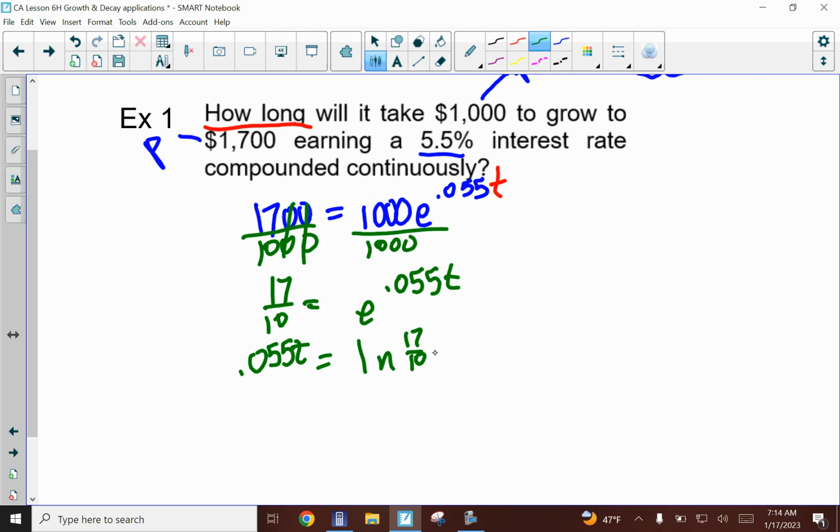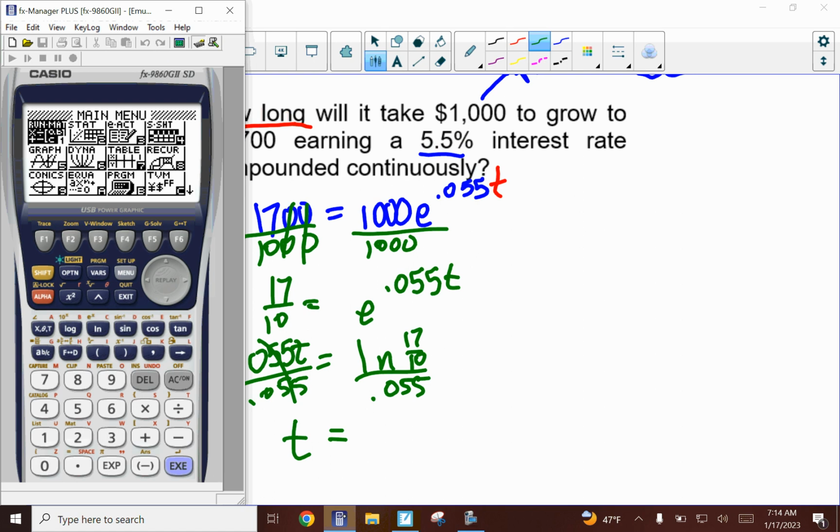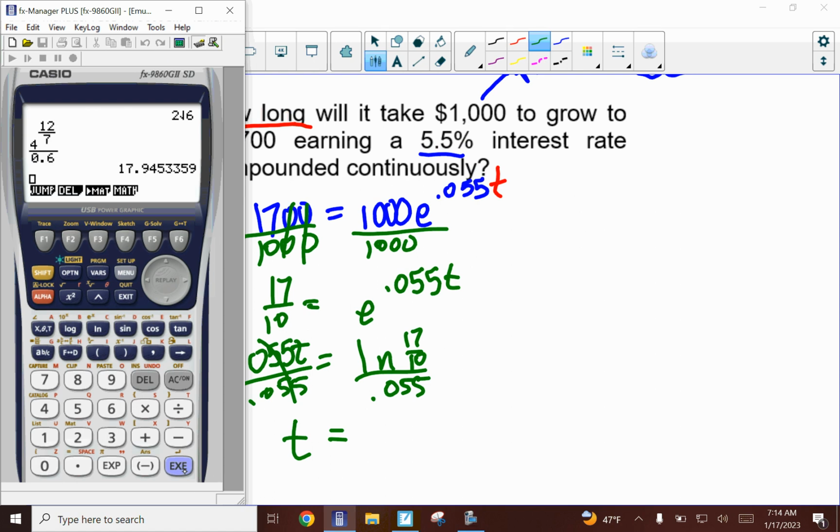The last step is to get T by itself, so you're dividing by 0.055. And at that point, you just put it in the calculator. So the calculator, you'll go into the regular calculator mode. Let me delete all this. And I'll hit ABC, ln of 17 over 10. So I'm going to stick 17 on top, 10 on the bottom.